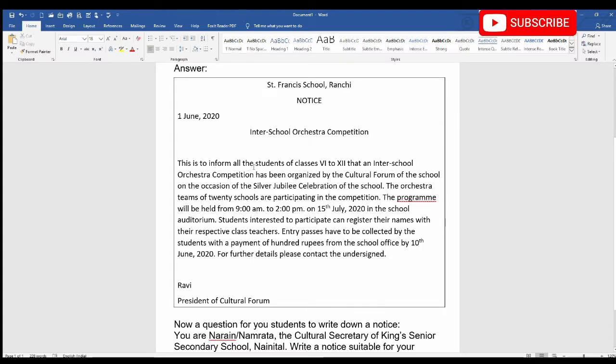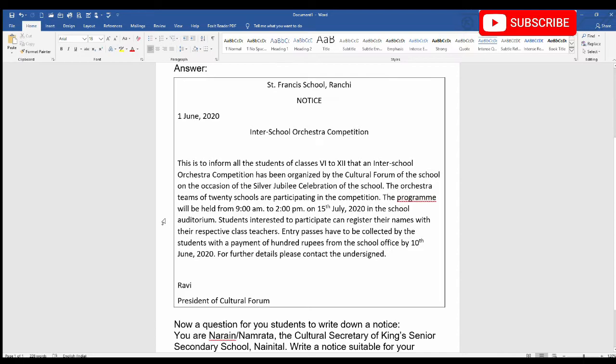This is to inform all the students of classes 6 to 12 that an inter-school orchestra competition has been organized by the cultural forum of the school on the occasion of the Silver Jubilee celebration of the school.